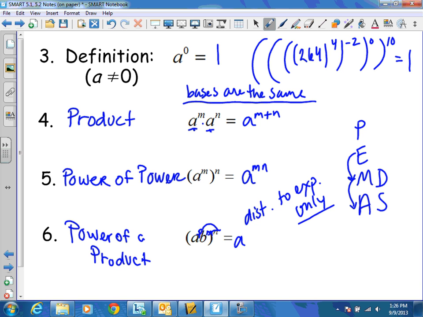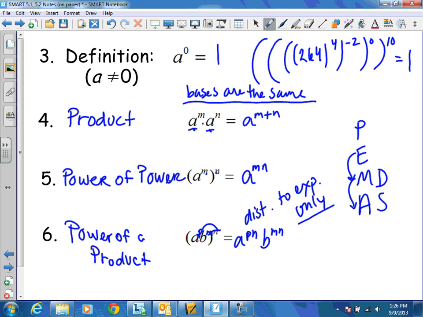So distribute to the exponents only, and that's going to be A to the PM, B to the MN. So you just are multiplying as you're distributing, just like you multiply here. Oh, I just told you to add it in. Yeah, just for fun. All right, so add them in.